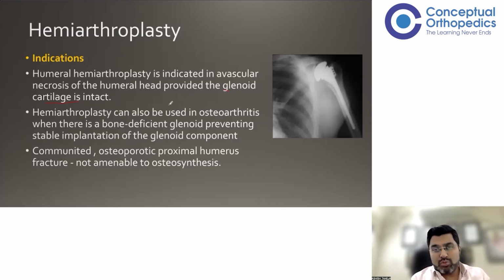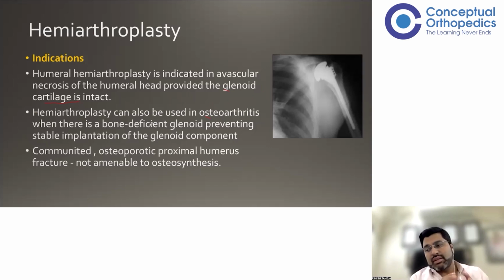It can also be used in osteoarthritis, in which the glenoid is very deficient, in which you cannot expect to have a good stable glenoid fixation. In that case, it can be a salvage procedure also. And usually we use it for a comminuted osteoporotic proximal humerus fracture, which is not amenable to osteosynthesis.